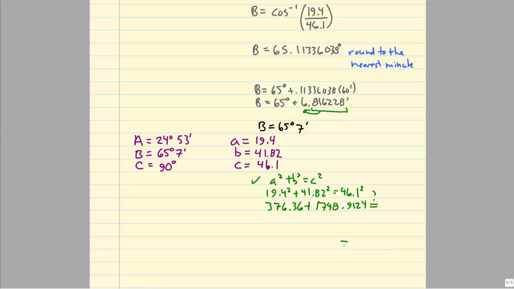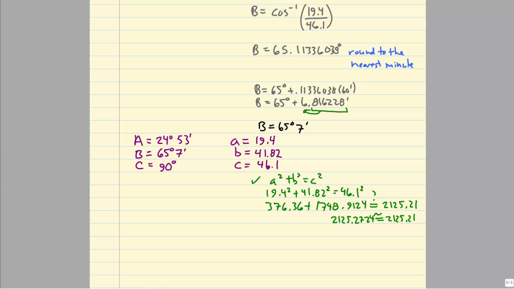And I'm checking to say, does this equal 46.1 squared? And that's 2125.21. So again, that's 376.36 plus 1748.9124, and I get 2125.2724. So these are approximately equal. Because of rounding error, I'm not getting exactly the same, but you can see that they're very, very close, up to, it looks like tenths. And if we look at rounding, probably up to the ones position.